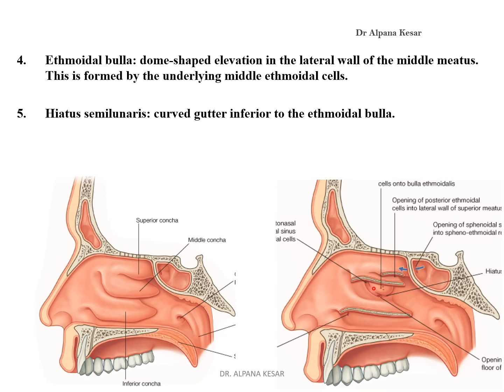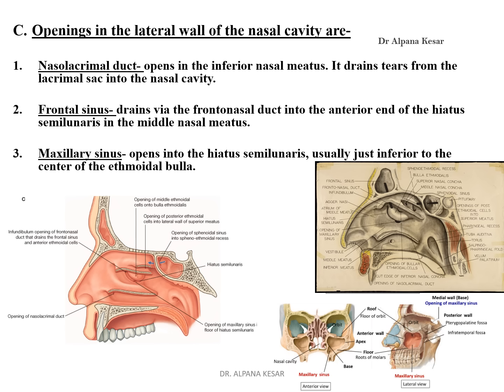Beneath the ethmoidal bulla is present the hiatus semilunaris. Hiatus semilunaris is a curved gutter just below the ethmoidal bulla. Openings in the lateral wall of the nose. Paranasal air sinuses are present around the nasal cavity. These paranasal air sinuses open in the lateral wall of the nose through various openings.